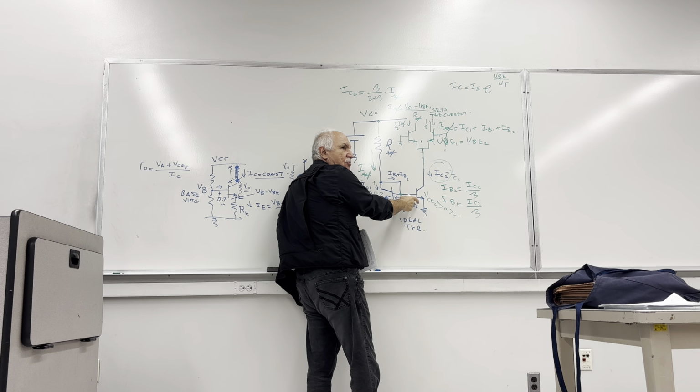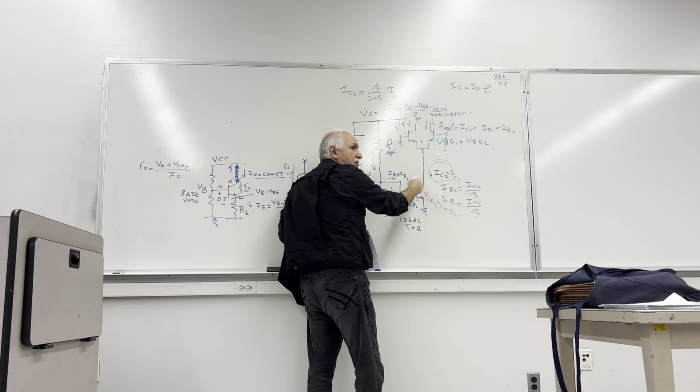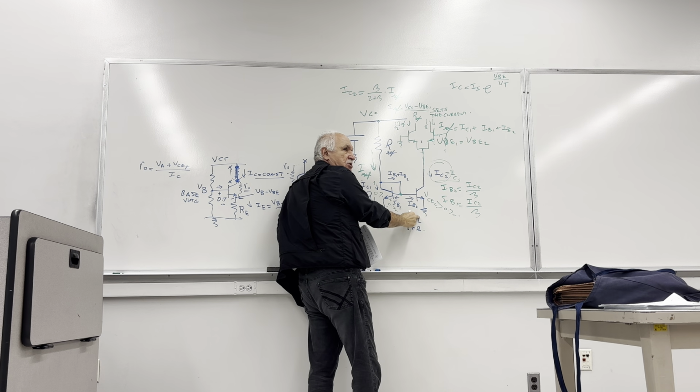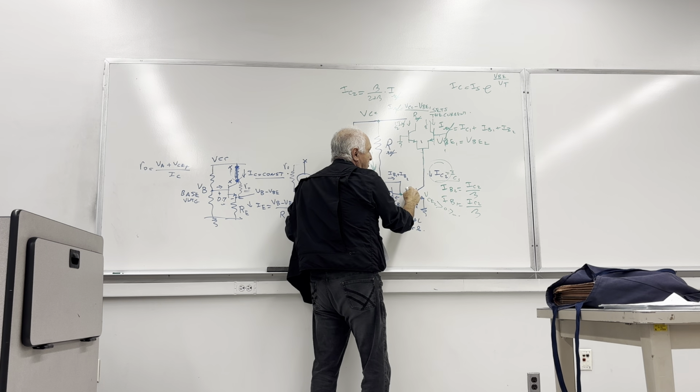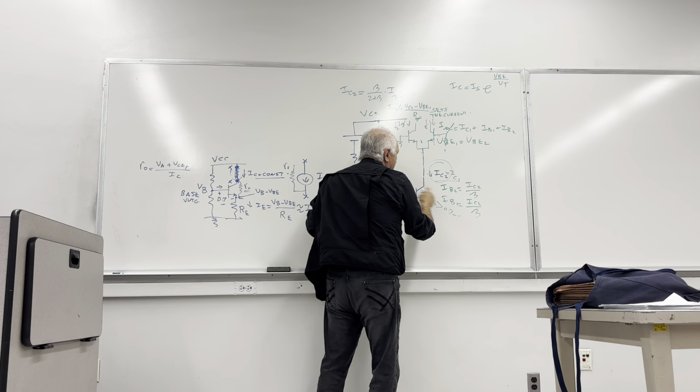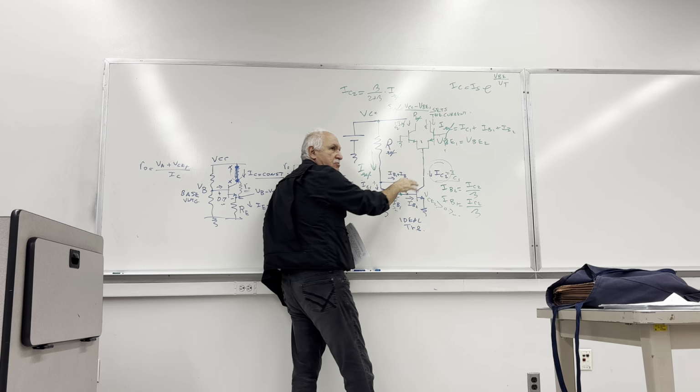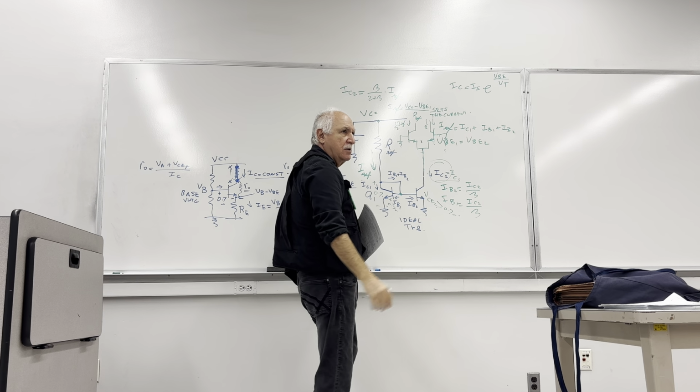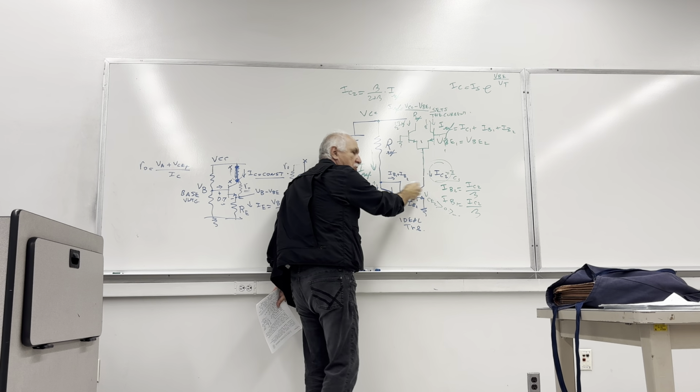It's not active anymore. So that beta IC relation will not work. So this voltage has to be higher than the base-emitter voltage for that relationship to work. IB2, IC2, beta times relationships work. They don't work if they go to saturation.